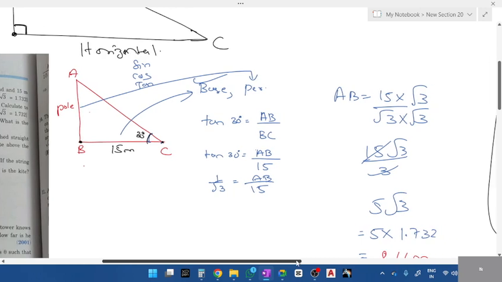Remember that. Tan 30 and tan 60, most used values. All of you are done? I will return it.